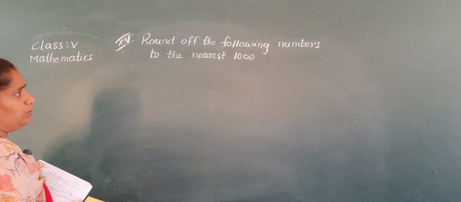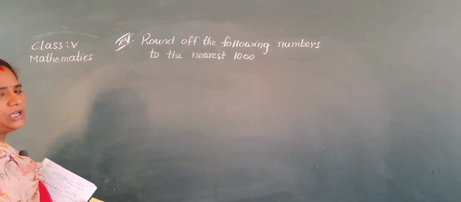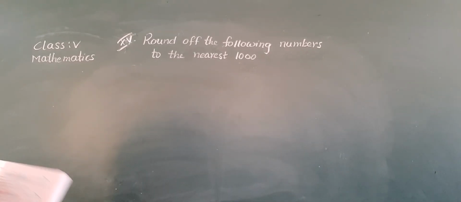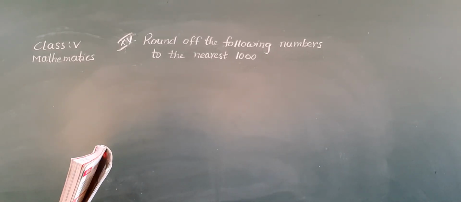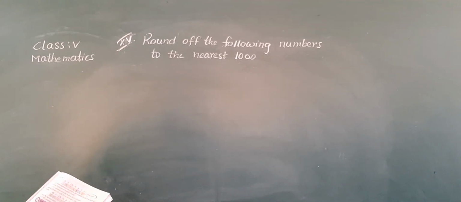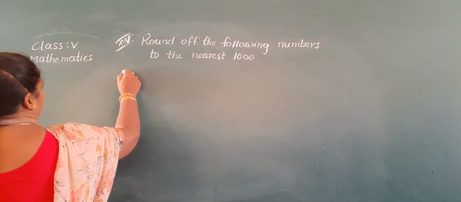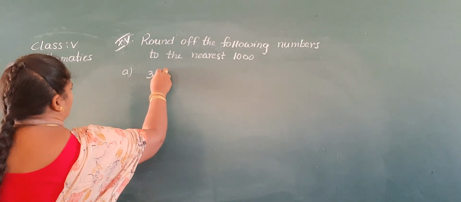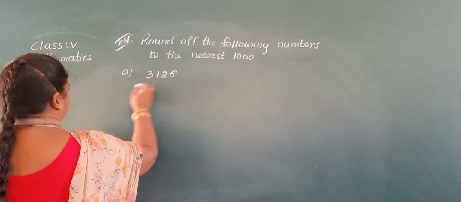Round off the following numbers to the nearest 1,000. 3,125.